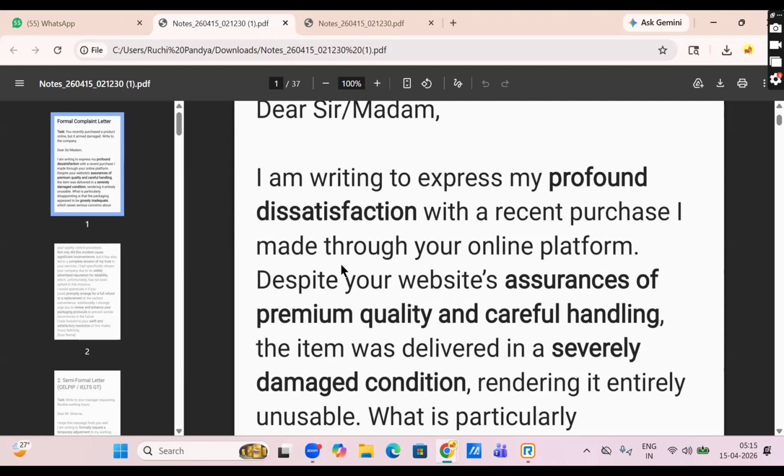So if you say I am writing an email, then "an email" becomes redundant. Redundant means it has no use. Reducing redundancy is also very important if you want to write effective letters or anything you want to write effectively. So simple: I am writing to express my profound dissatisfaction with a recent purchase I made through your online platform.